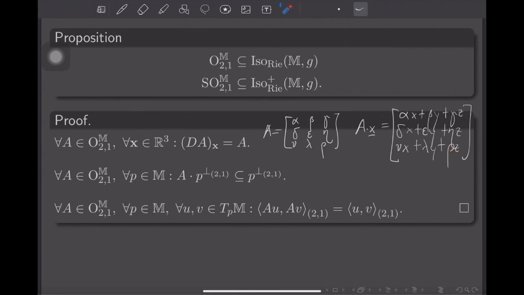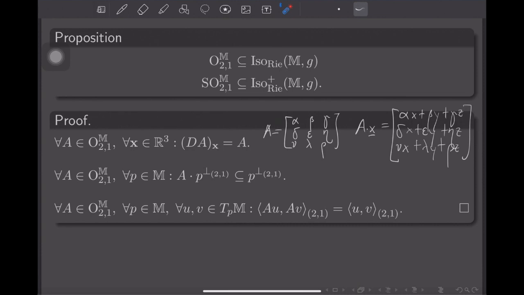And you see that this is the derivative, which is a linear map from tangent to tangent, which are again R3 and R3. So when you compute the derivative of the function multiplied by A, and you compute it at any vector, it's again A.